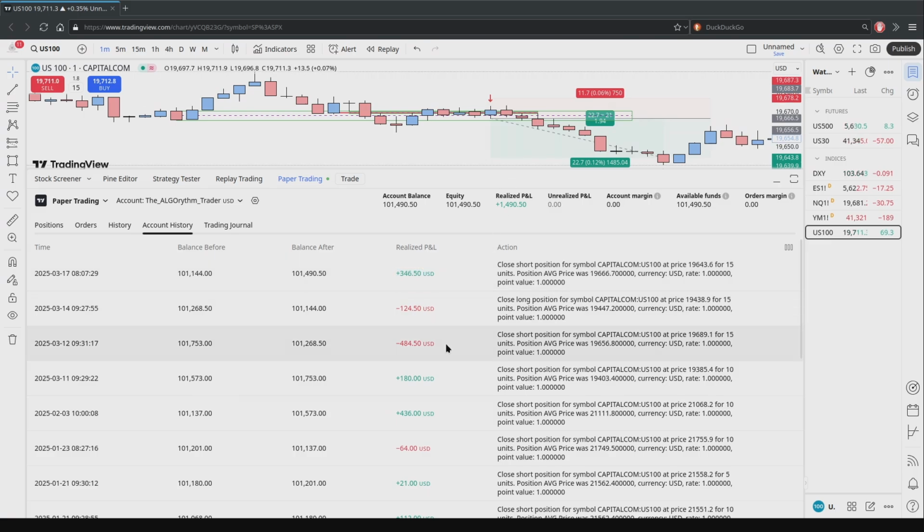If I add these two up and subtract the loss, you end up with 262.50. So looking at these three positions, we still have a drawdown of $262. Overall, the account is still sitting at $1,490 in profit, which is not bad at all.